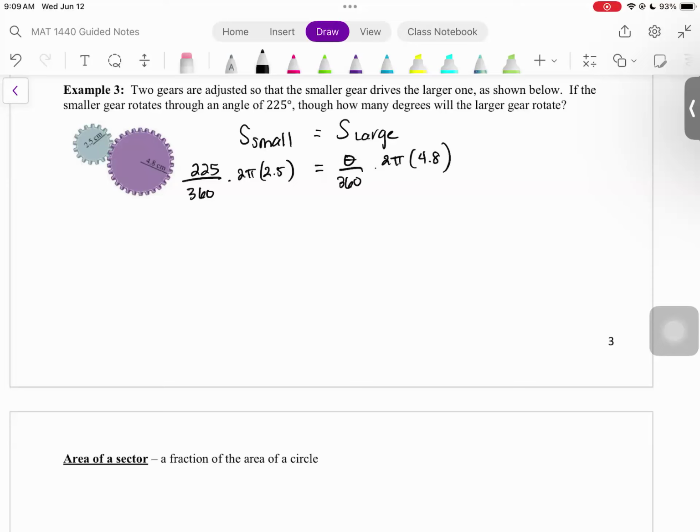Now we're going to do some simplifying before moving through with this problem. First, I'm going to divide both sides by 2 pi. If I divide both sides by 2 pi, we see that that common factor will cancel out on both sides.